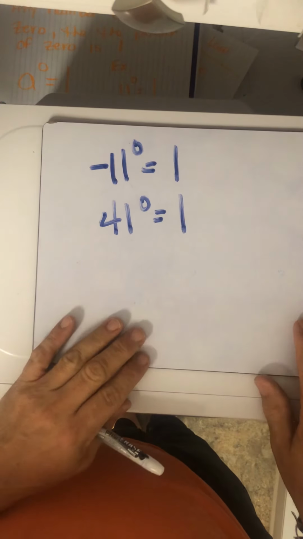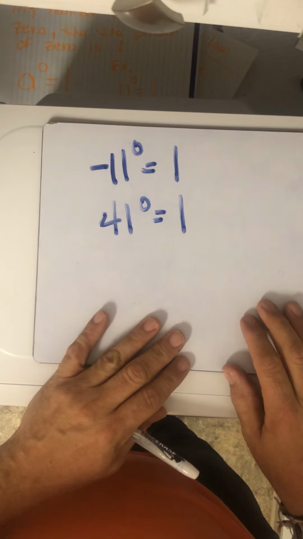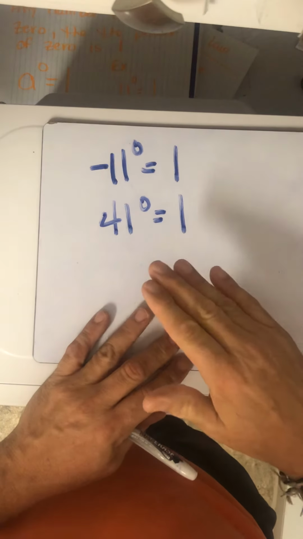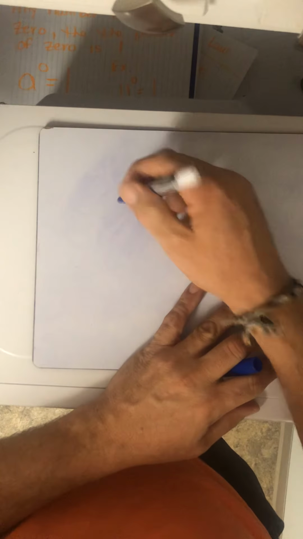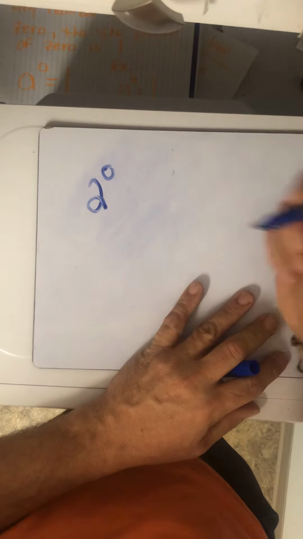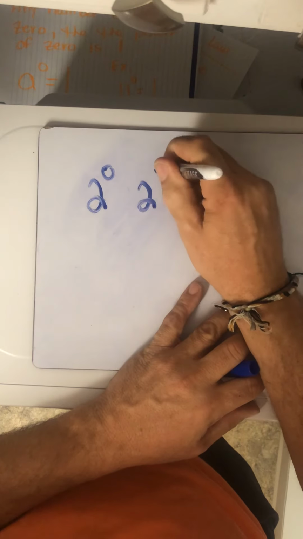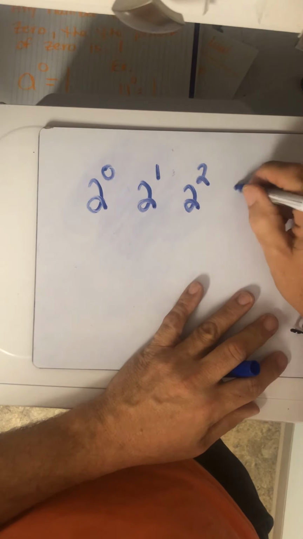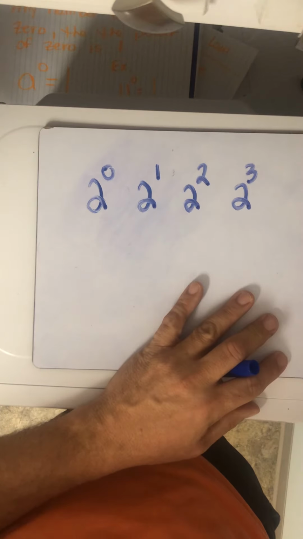And this is why. I'm going to show you really quickly why it works and why intuitively this is the case. So let's take an easy one that we could do. I'm going to start right here. I'm going to have 2 to the 0 power here. Then I'm going to have 2 to the first power, 2 to the second power, 2 to the third power, 2 to the fourth power.